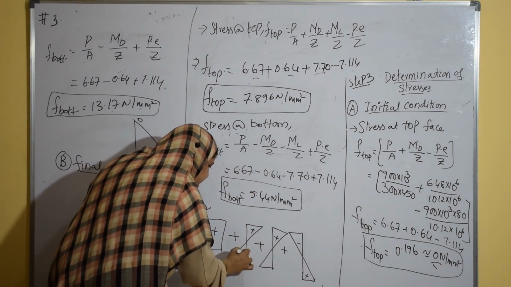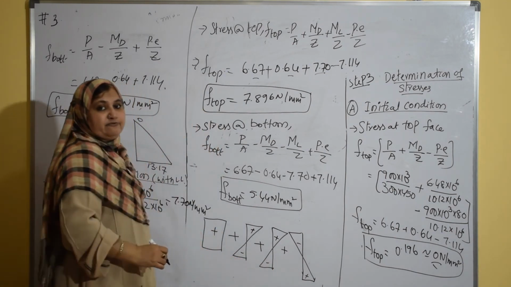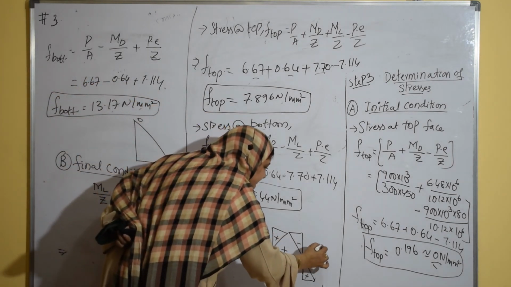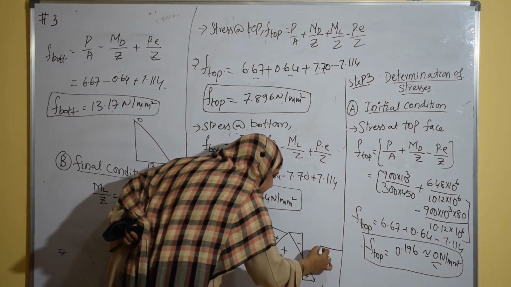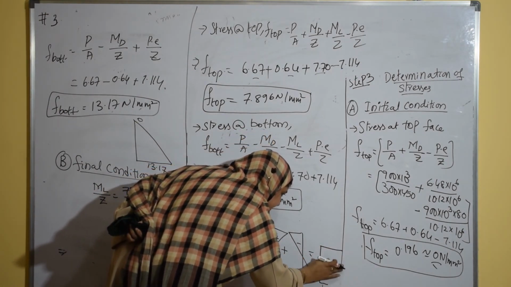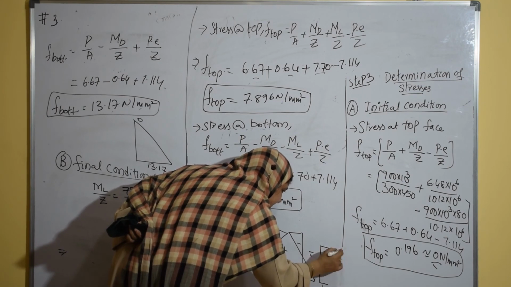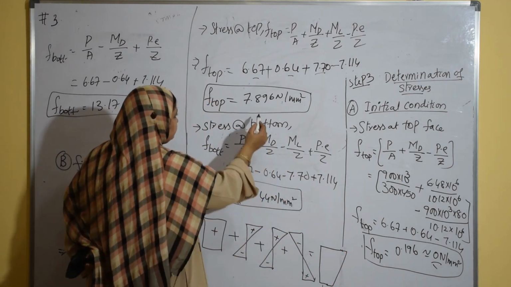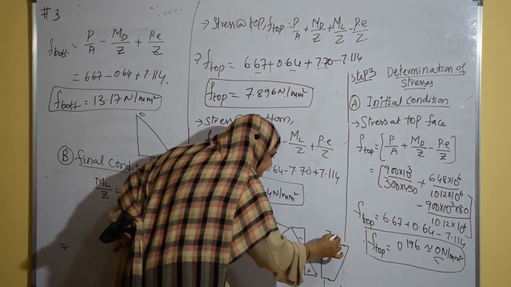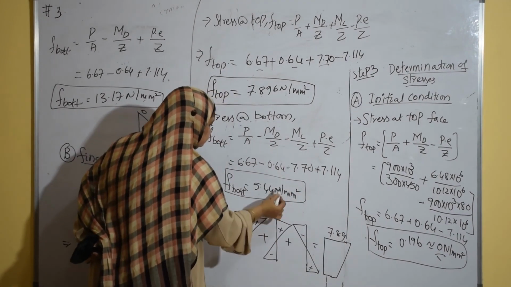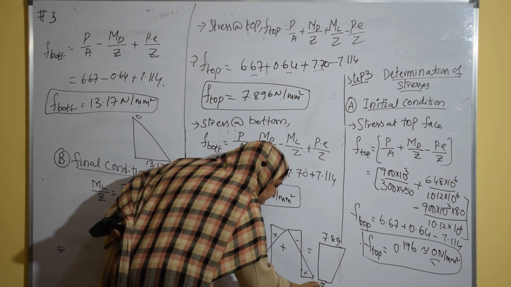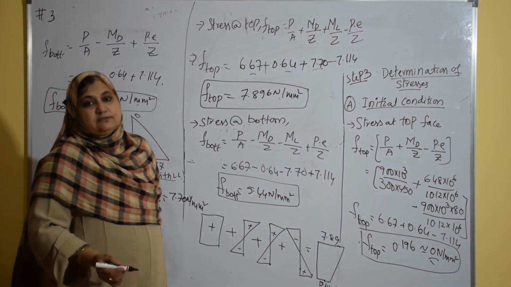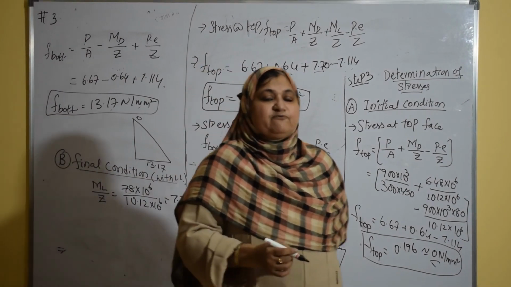Already we have been learning this for the past 2 videos, right? So in the final, the top stresses are more, the bottom stresses are less. Final stress distribution diagram will come like this. Top 7.89, bottom 5.4. Right? So these are all similar problems, only because the cable profile was changing, I have taken this example.